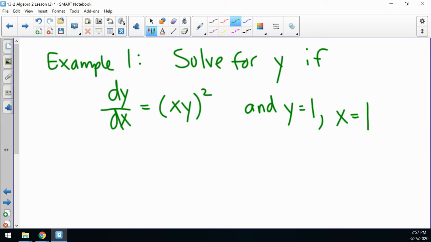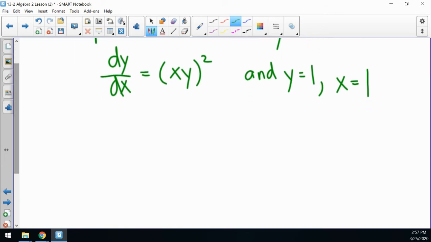Our derivative is going to be x squared y squared, because if you're taking x times xy times xy, it's going to be x squared y squared.